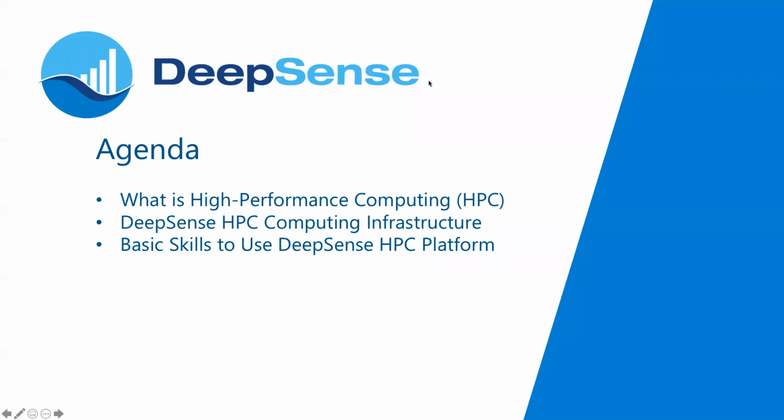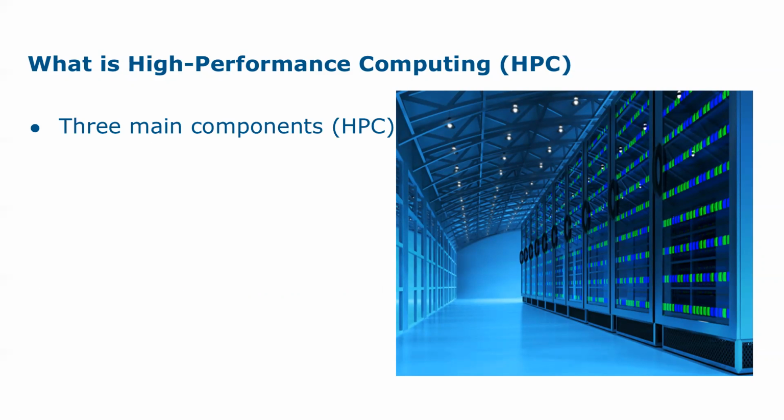So what are the main components of an HPC? Some people say there are three main components. Some people say there are three characteristics of HPC. The first one, it must have huge compute power. The machines in an HPC environment are not the same as your desktop or laptop in your office or at your home.